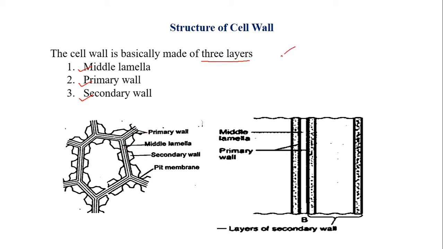For convenience, we will draw it like this. This is a cell. Between the two cells, there is a wall material or a cementing material which binds the cells together. This cementing material is the middle lamella.